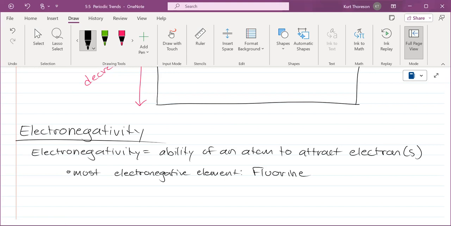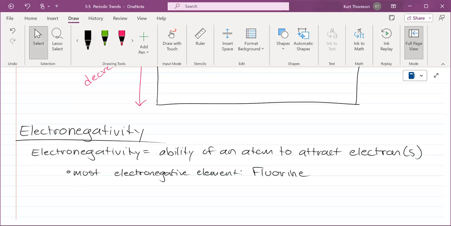Is it more towards the left or more towards the right? Is it more towards the top or more towards the bottom? So, based on that trend, guys, if fluorine is as electronegative as it gets, what do you think the trend of electronegativity is as you go from left to right towards fluorine? It increases.